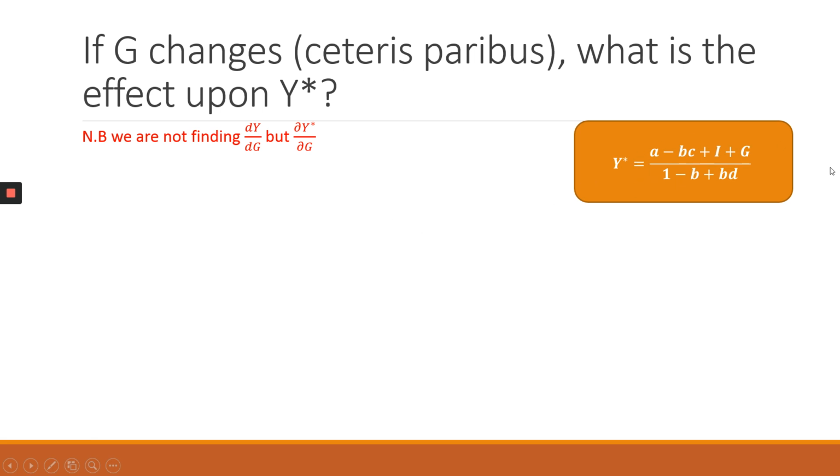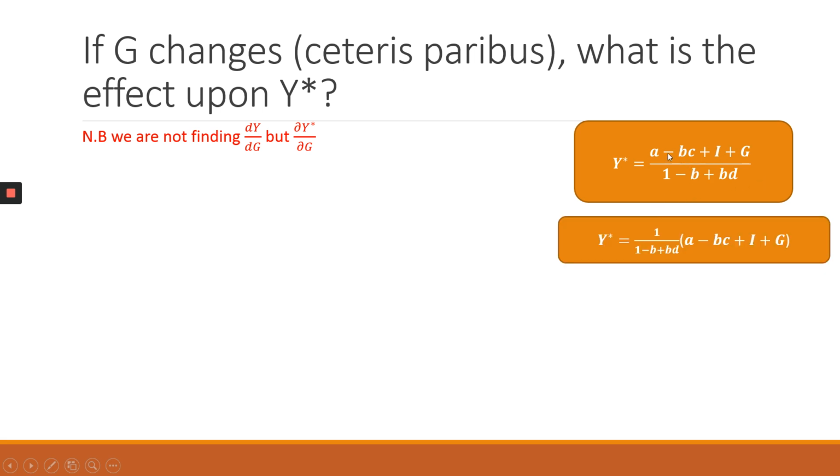So to isolate the effect of a change in G, we have to understand that all these other elements are behaving as constants, right? So there is no way we can apply the quotient rule on this one because G is only in one of the elements, right? So we can actually rewrite the equilibrium solution as a linear equation, right?